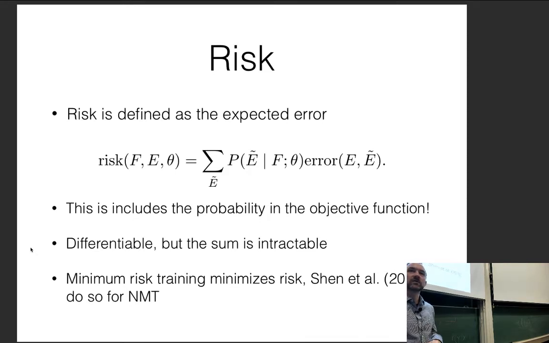So you sum over everything, and everything other than the probability of e itself, the error becomes 0. The probability of e itself becomes 1. The error, no, okay, sorry, it's the other way around. It's this. There we go.